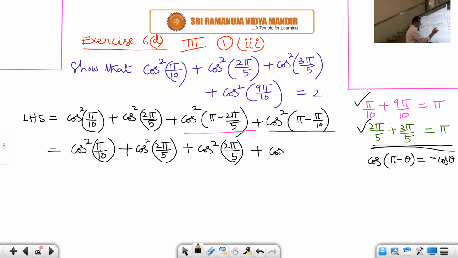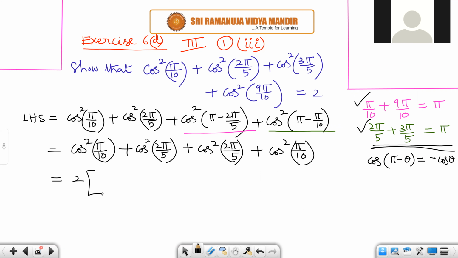So cos square pi by 10, that means it is 2 times, in the bracket, cos square pi by 10 plus cos square 2 pi by 5.